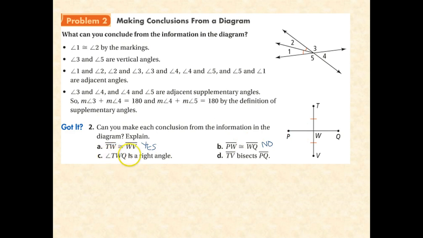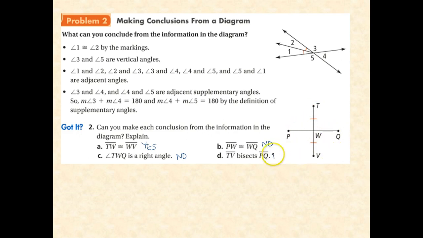Angle TWQ is a right angle. Do I have any markings telling me it's a right angle? No. Cannot conclude that. Segment TV bisects segment PQ. Can I conclude that TV bisects PQ?